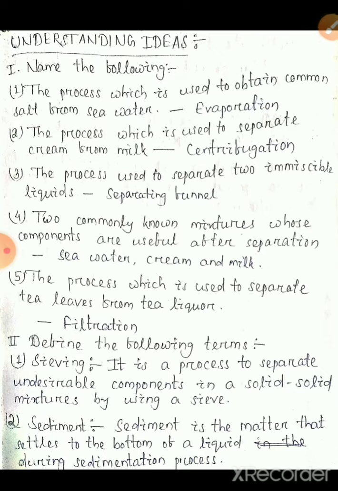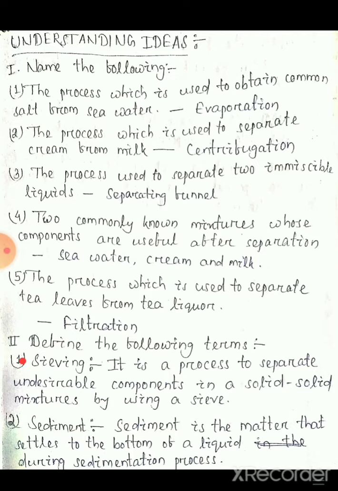Okay. Part 2, that is define the following terms. Here five terms are given, and we have to define them. First one, sieving. It is a process to separate undesirable components in solid mixtures by using a sieve.